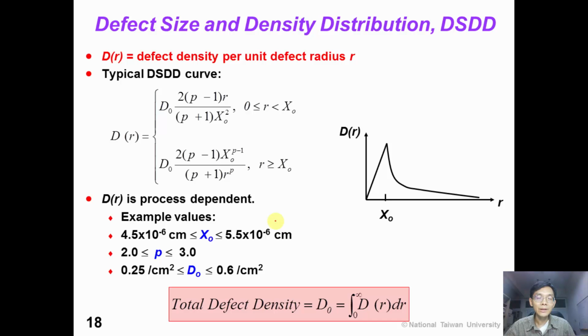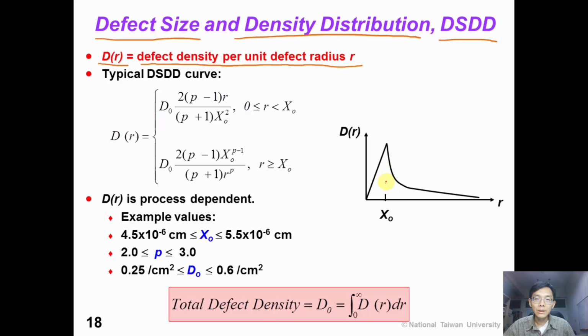Before we can actually calculate the yield, we would need another function called the defect size and density distribution, DSDD. The DSDD function can be written as D of R, which is the defect density per unit defect radius R. D of R can be modeled as a combination of two functions.